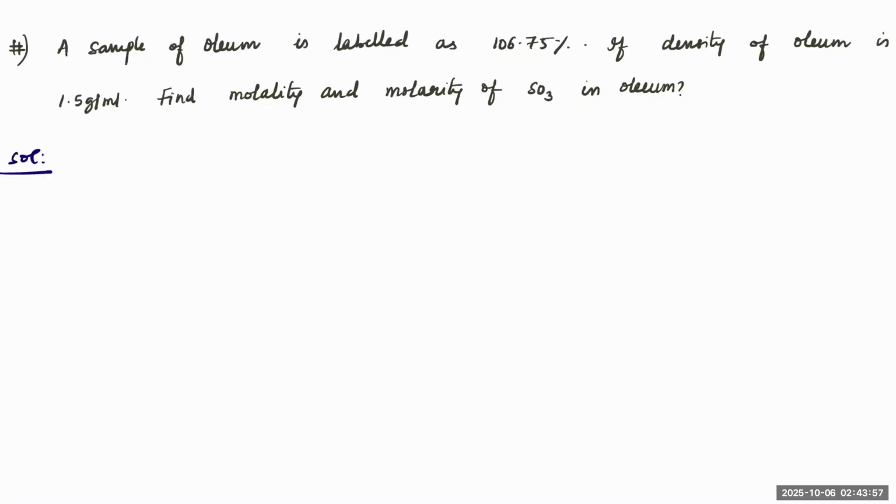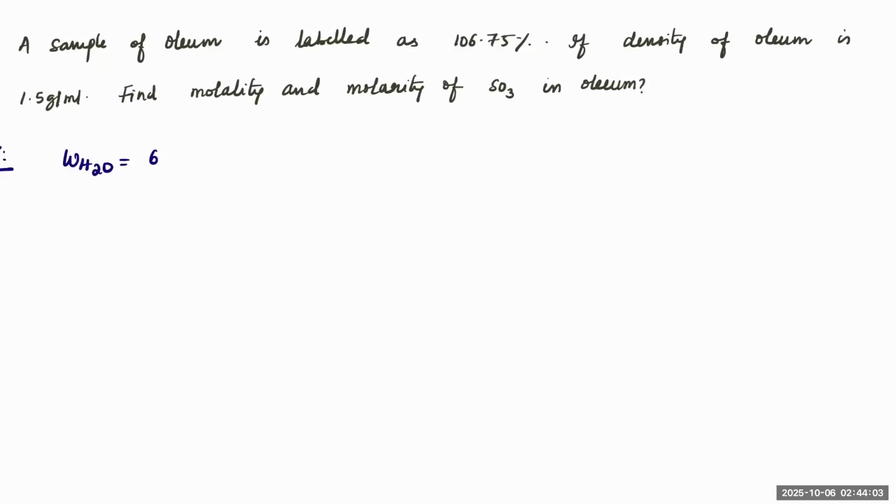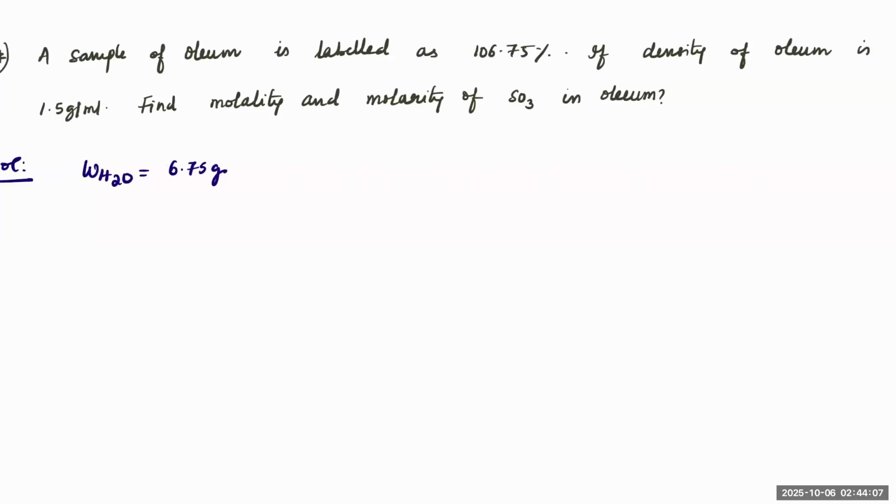So what are we getting? The weight of H2O is 6.75 grams. That is the extra weight that you have added. So X will be equal to 80 by 18 into the weight of H2O. I'm writing this the reverse way. This is the excess amount of SO3.